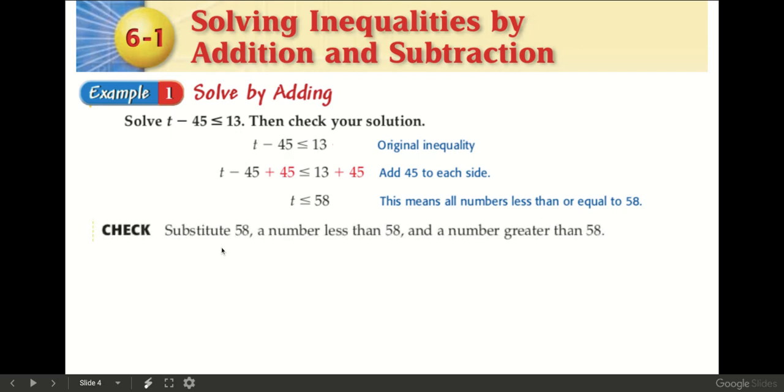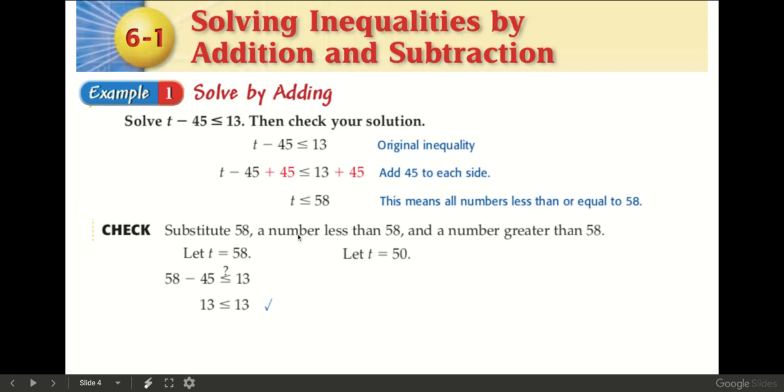So we can check this by substituting. We can substitute a number less than 58, and a number greater than 58 to test to see if it works. So we let t be exactly 58. If we plug 58 in for t, that's going to make it that 13 is equal to 13, which would make this statement true.